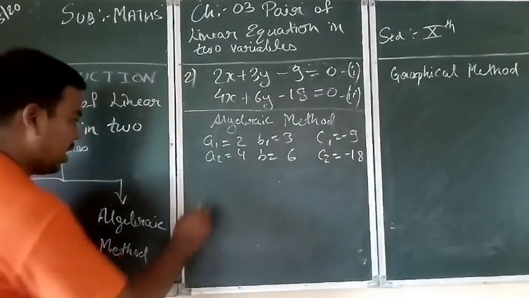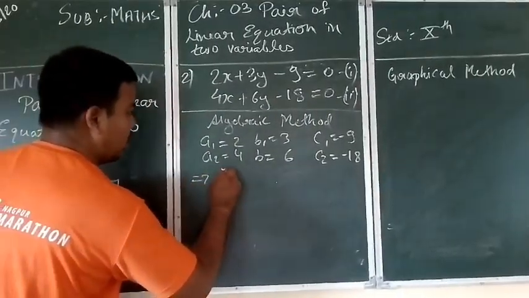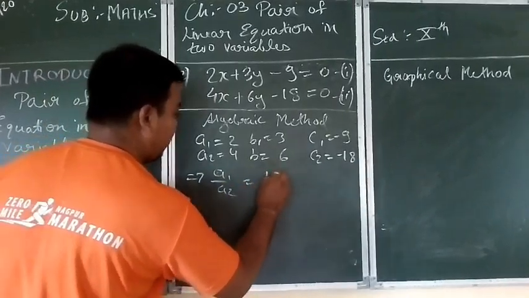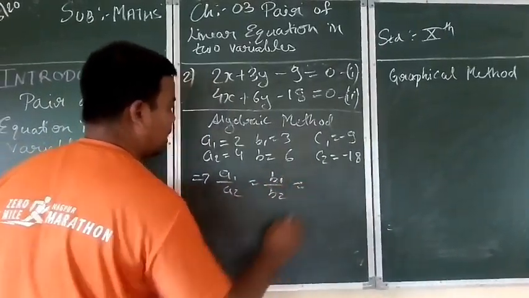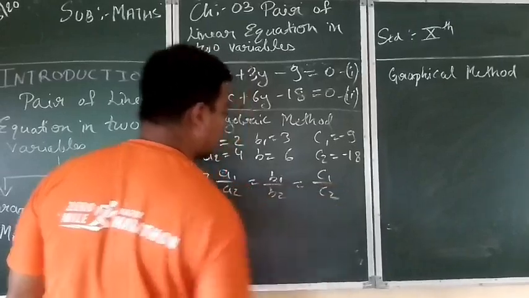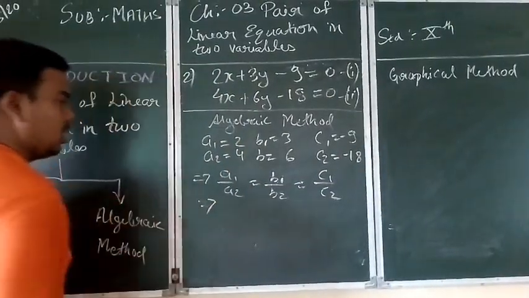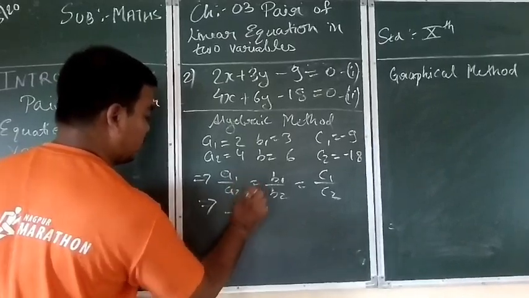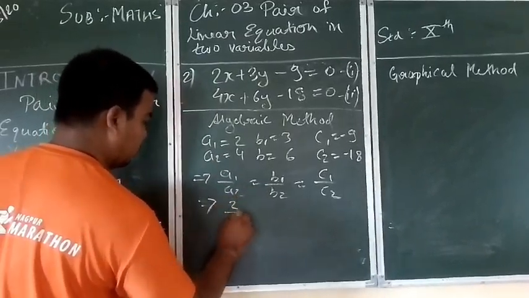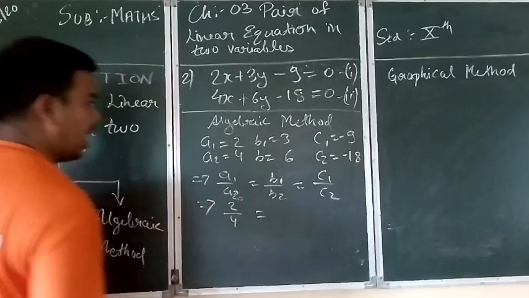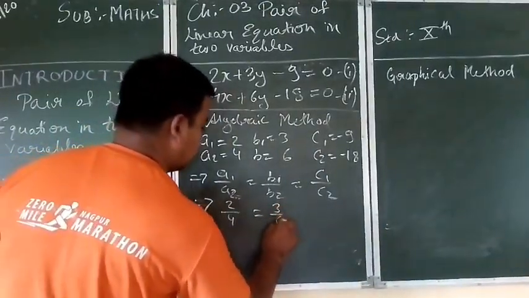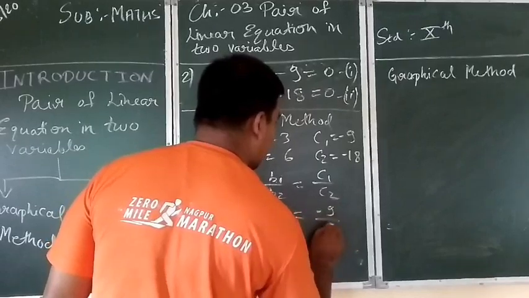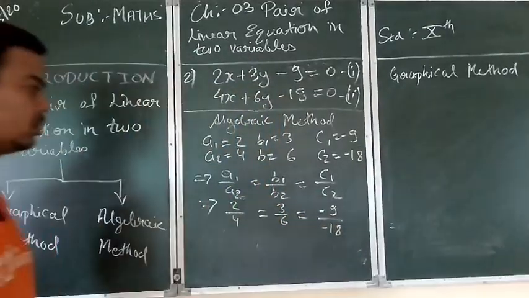So again we compare A1 by A2, B1 by B2, and C1 by C2. A1 by A2 is 2 by 4, B1 by B2 is 3 by 6, and C1 by C2 is minus 9 by minus 18.